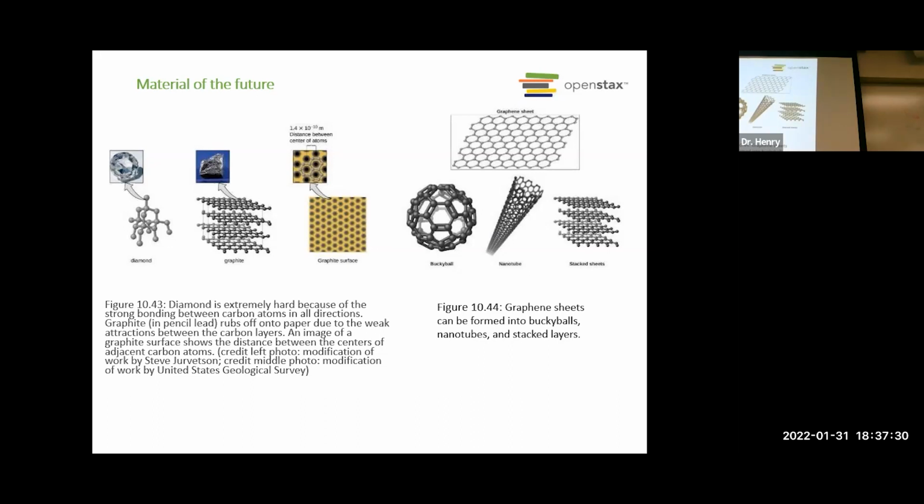And then this here is called the buckyball. These are nanotubes, and these are stacked sheets. And these are just sheets of graphite that are being used in different ways. Okay. So technology has advanced quite a bit by using these different types of solids.